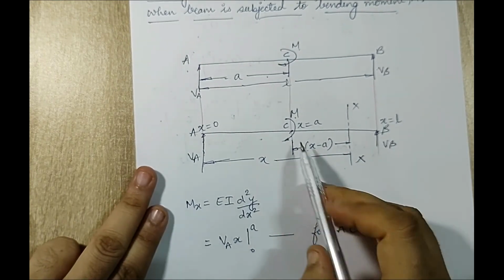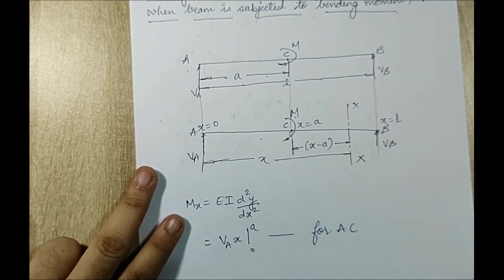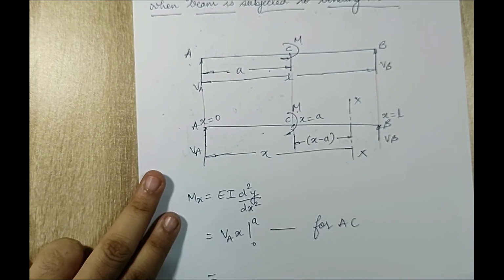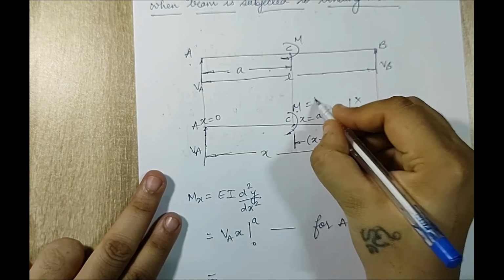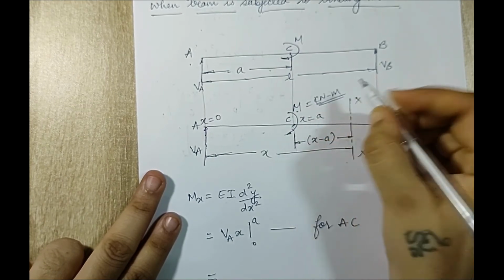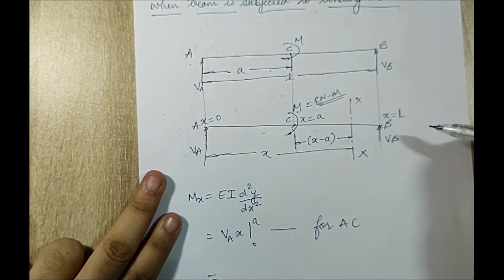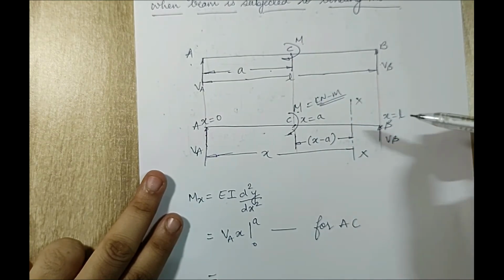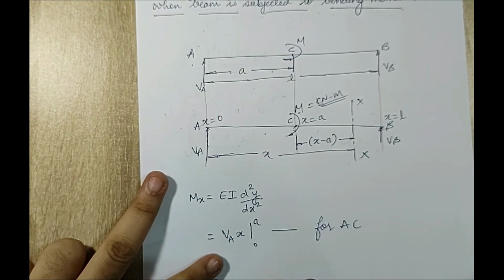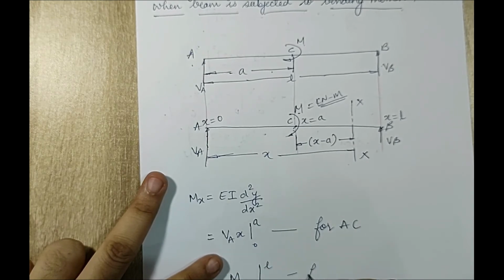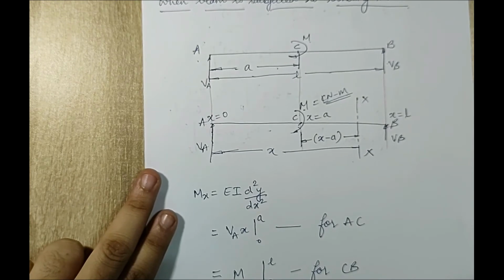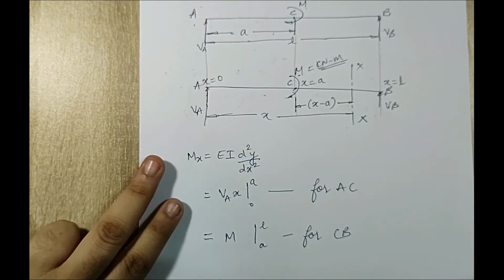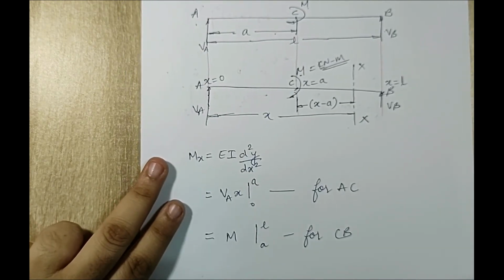Now when I go to the portion C to B, I'll have this moment coming into picture. Now this is very important. Moment itself is in kilonewton meter, assuming this moment is in kilonewton meter, which is force into distance. So here I should only be writing moment M between the domain A to L for CB. But this is not the way of writing. There is something different that you are supposed to do.